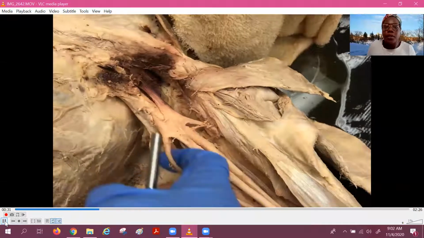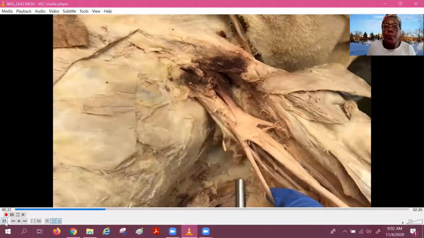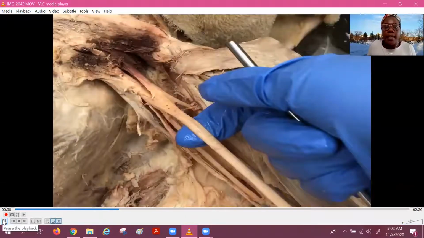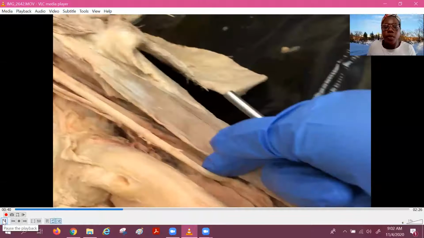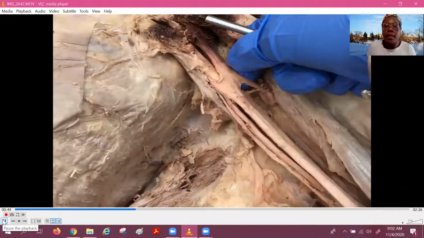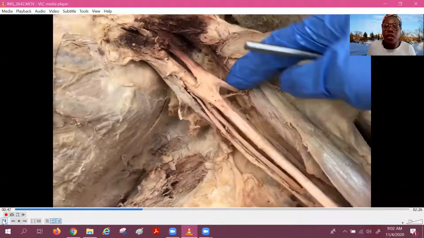There we go, the ulnar nerve. The median nerve here again, right down the middle. It's going to go across the elbow joint all the way down the middle of the forearm. And then we've got the lateral branch, which is the musculocutaneous.